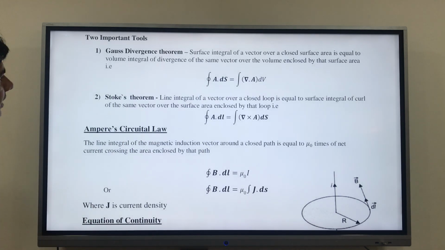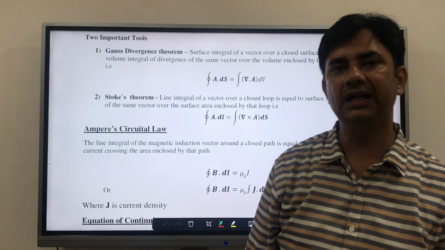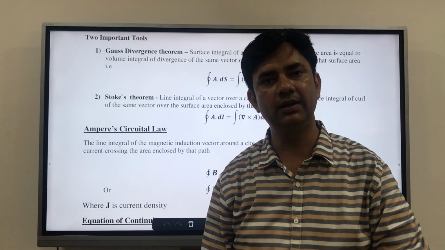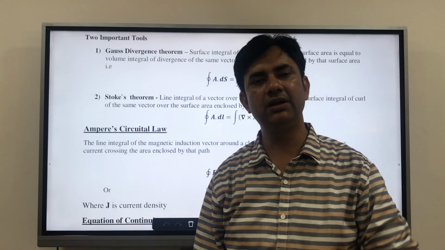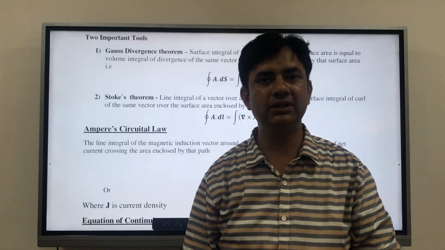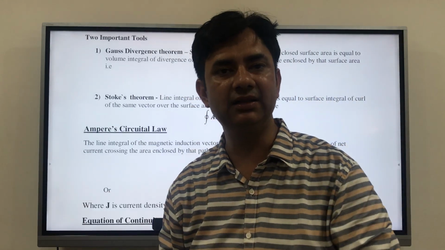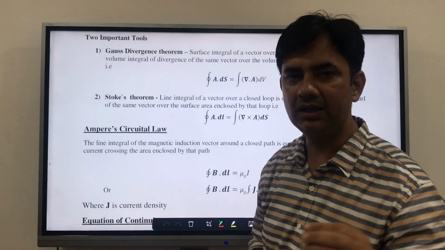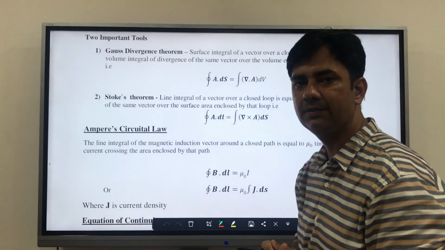As I said, if you take a dot product of the del operator with a vector, then it will be a divergence. And if you take a cross product of the del operator with any vector, then it will be a curl. So on divergence we have the Gauss divergence theorem.